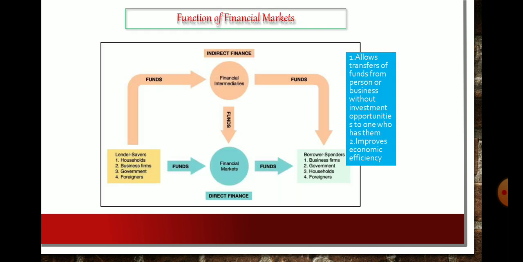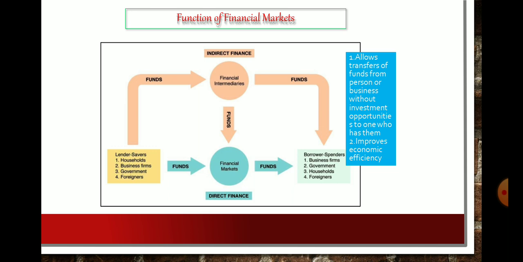So these are the functions of financial markets. Basically, if I am a lender and you are a borrower, you can take money directly from me. Or the second option is that there is an intermediary in between. I will lend money to the intermediary, and the intermediary lends the money to the borrower. So if we explain with this chart, there are basically two types of finance, one direct and another indirect.